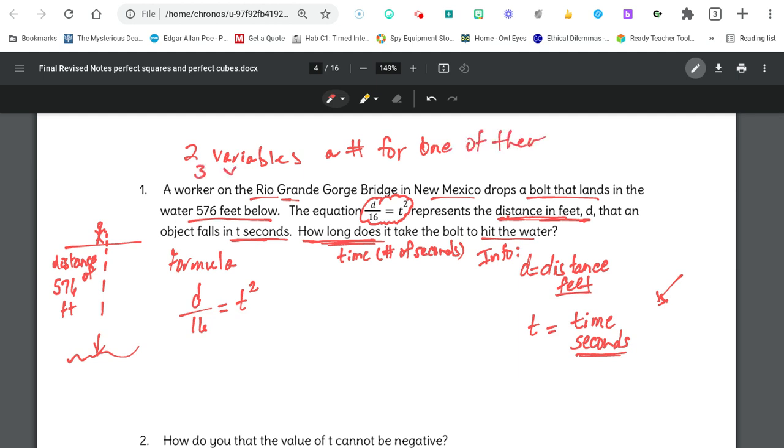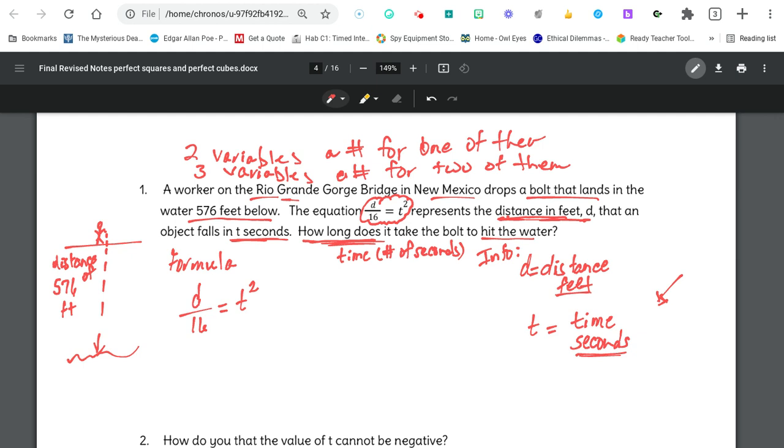If you see three variables, rest assured you will get a number for two of them. If you saw four variables, you would get a number for three of them. Okay? When you have a formula, you should only have one variable left. So you should have numbers for the other variables and only one variable left.